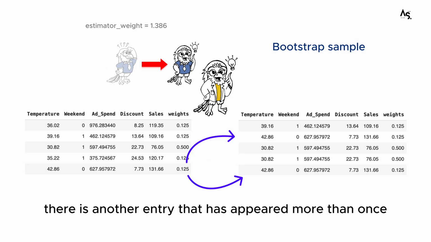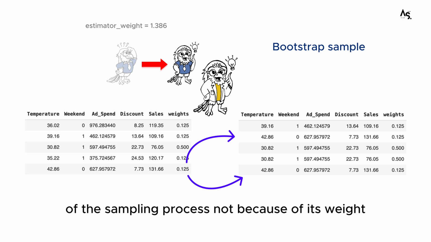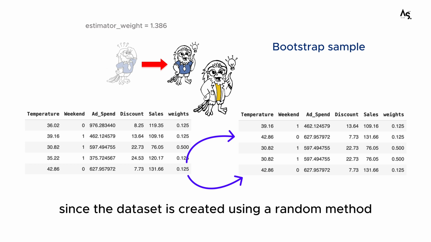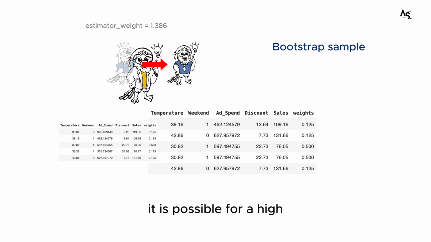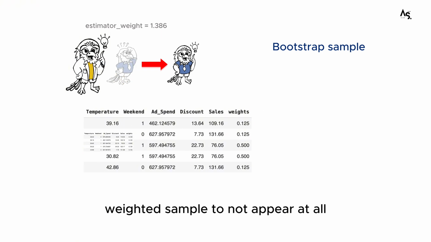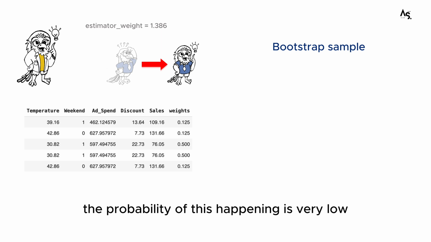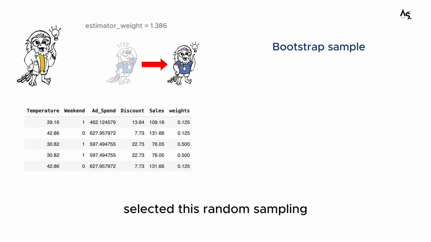There is another entry that has appeared more than once, but this is purely due to the randomness of the sampling process, not because of its weight. This happens occasionally since the dataset is created using a random method. It's also worth noting that, although rare, it is possible for a high-weighted sample to not appear at all in the new dataset. However, the probability of this happening is very low because its high weight makes it far more likely to be selected.